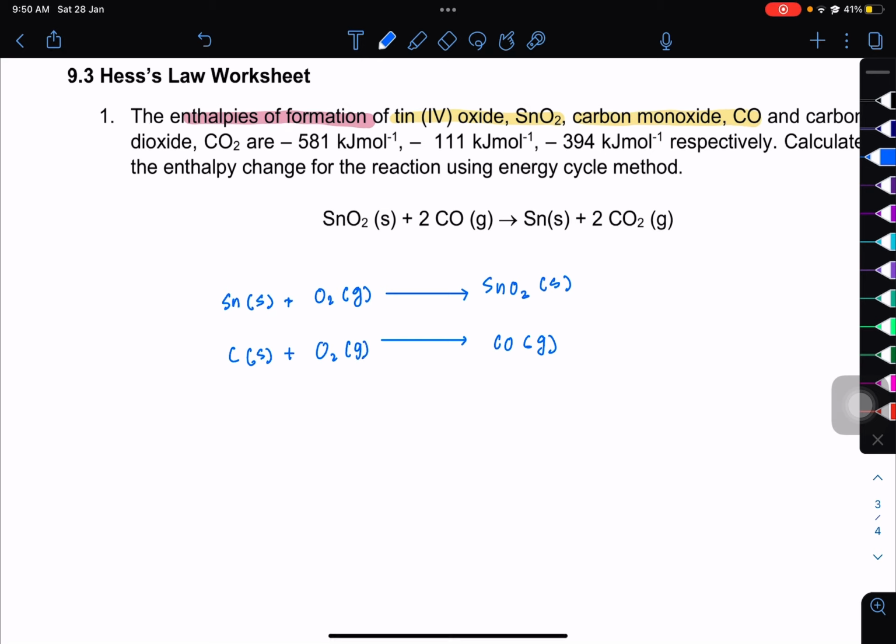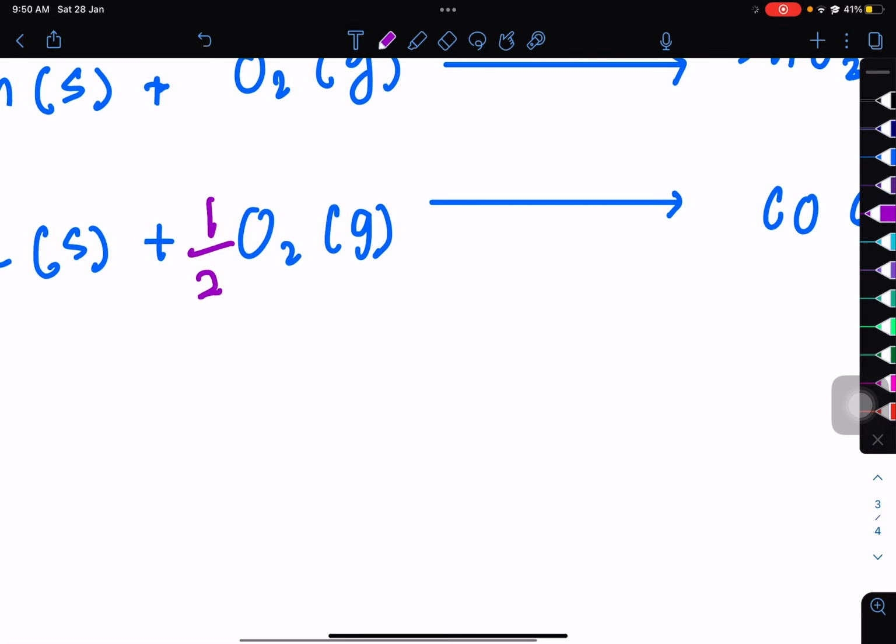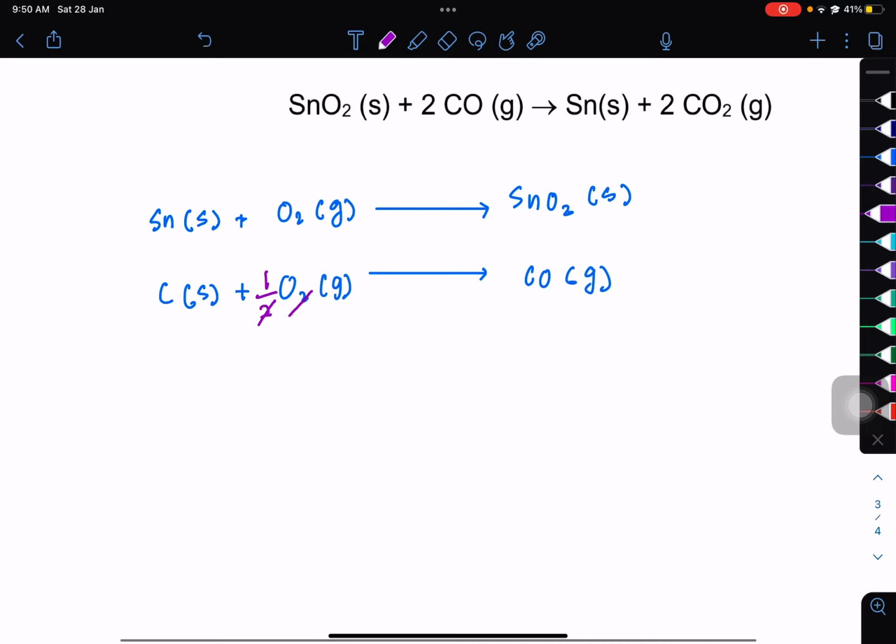But if you remember the definition, 1 mole of compound, meaning here it must be 1 mole. So you cannot put 2 here to balance, but you can put 1/2 to cancel out the oxygen, so it will be 1.